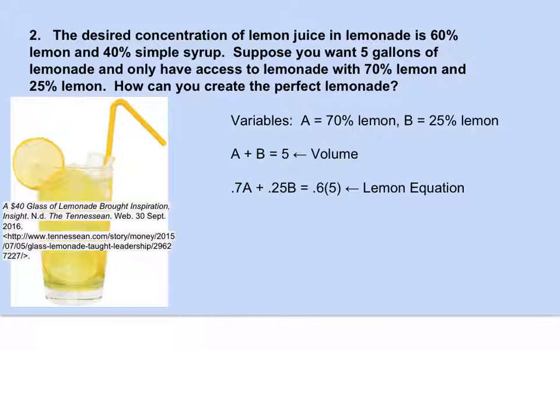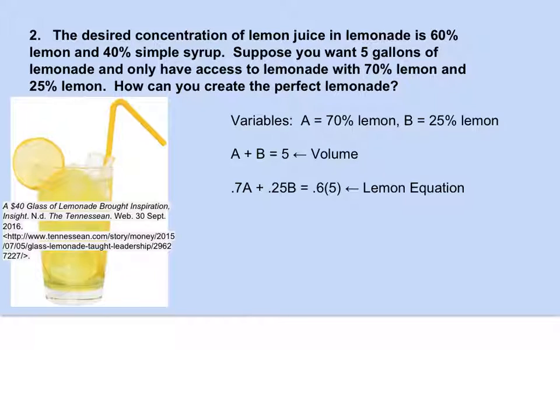Alright, so let's try to read and understand this one. The desired concentration of lemon juice in lemonade is 60% lemon and 40% simple syrup. Suppose you want 5 gallons of lemonade and only have access to lemonade with 70% lemon and 25% lemon. How can you create the perfect lemonade?